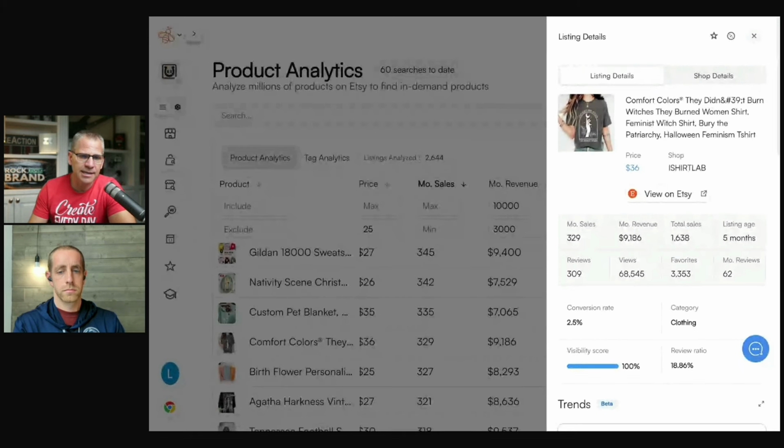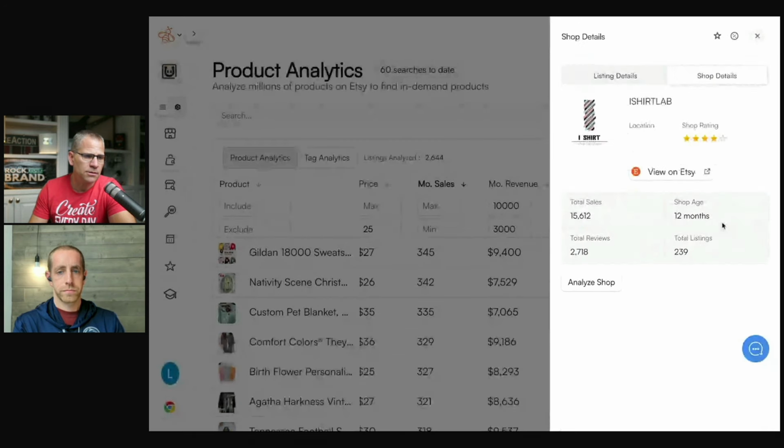And the crazy thing is, it's only 5 months old, and the shop age is 12 months old. Do you guys realize the power in that right there? Instead of just going randomly on Etsy and trying to find stuff that's selling, like typing in witchy shirt, and then you get everything.